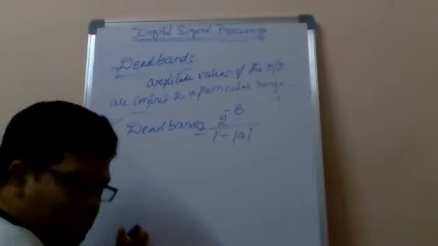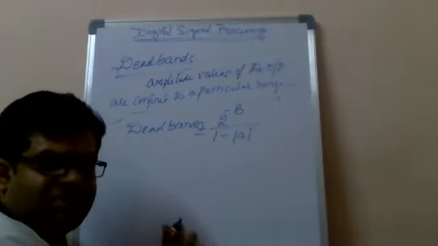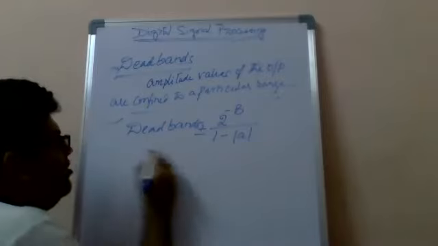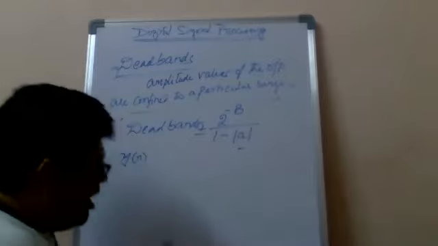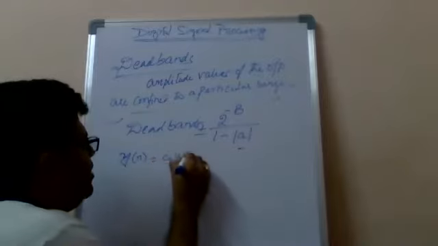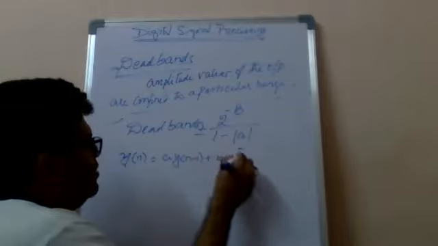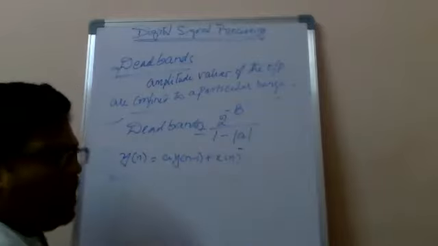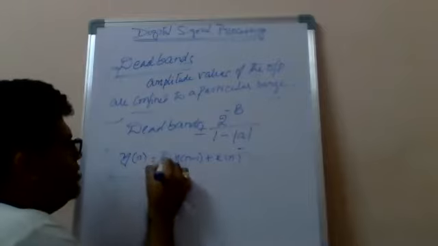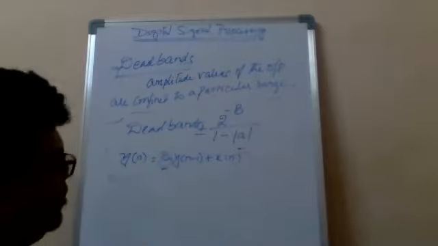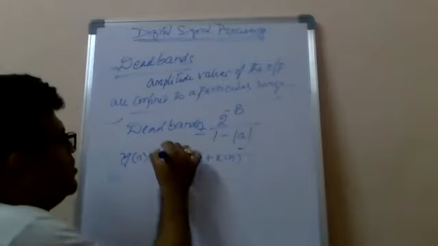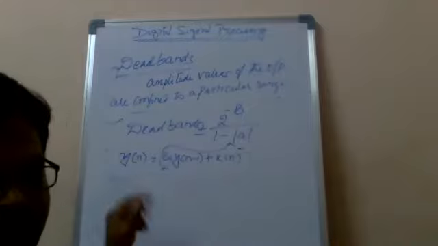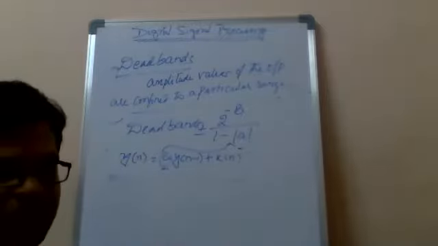We know what b is: b refers to the bit representation including the sign bit. And a comes from the general equation of order 1 that I am considering here, y of n equals a y of n minus 1 plus x of n. The coefficient of the first delay element y of n minus 1 gives my a value. So these are the dead band effects.